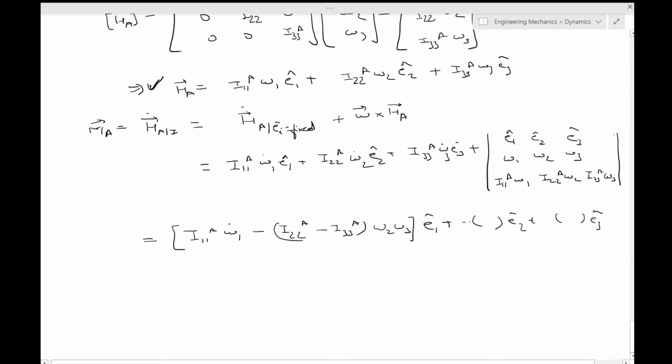So the first component of the moment MA1 can be written as I11A omega 1 dot minus I22 of A minus I33 of A omega 2 omega 3.